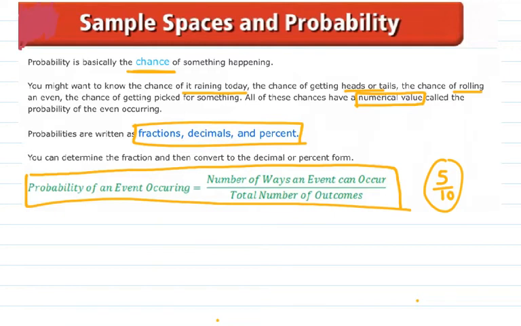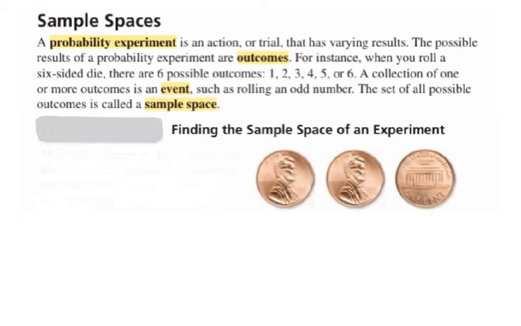All right, so let's see an example on the next page. Sample space comes from a probability experiment, which, as we already talked about, is just an action or trial that has varying results, and an outcome is the result of that experiment.